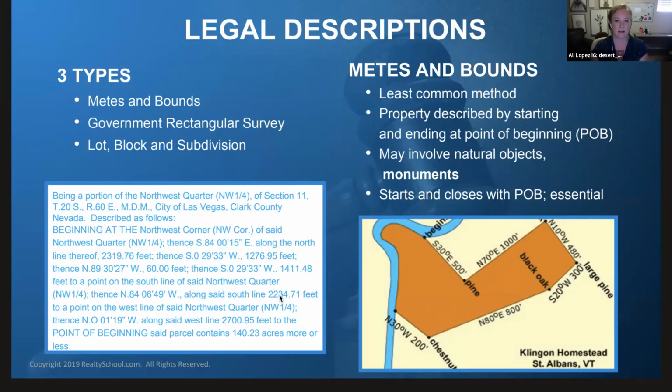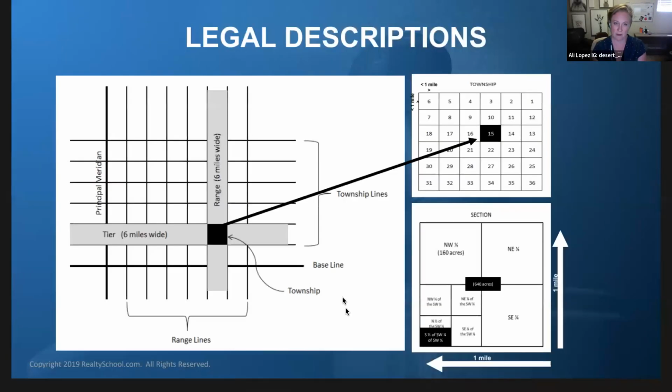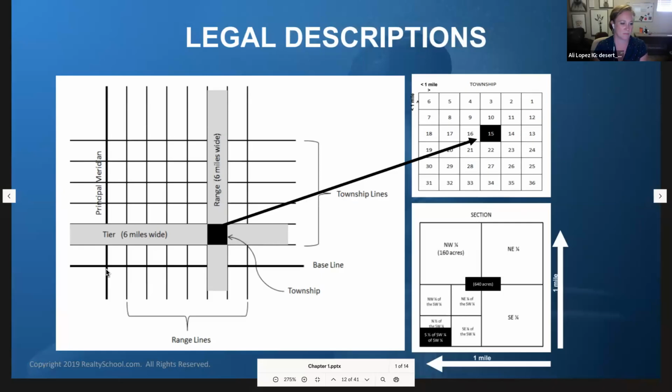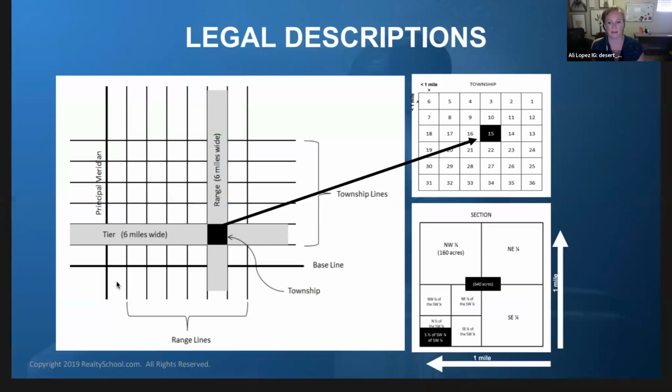Okay, so the government rectangular survey. Like I was telling you, the principal meridian and the baselines, these are the big things all the way around the earth. And each city has range lines, tiers and ranges. Las Vegas is broken down into these boxes as well. Each of these boxes is considered a township.